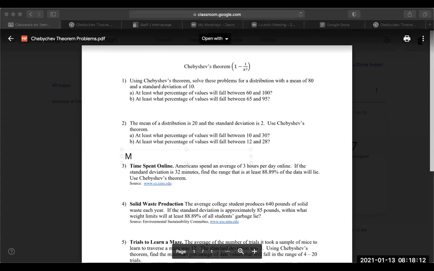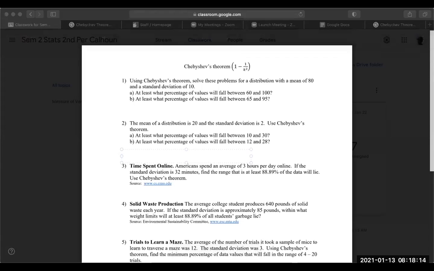So we want 3 standard deviations away from the mean. For the low end, 180 minus 3 times 32 is 84 minutes.